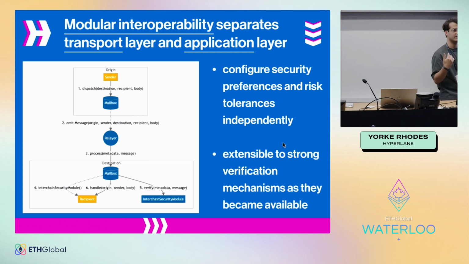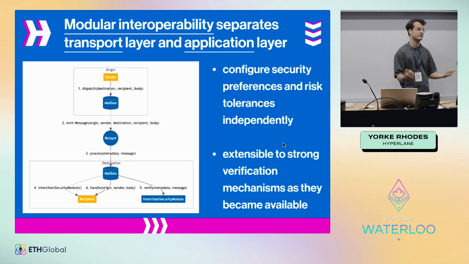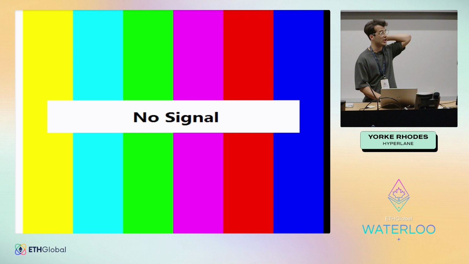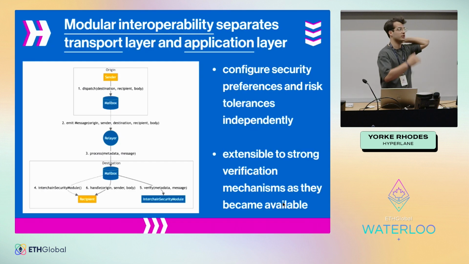It's super easy to run because there's no consensus and the validators are not networked with each other. They're just producing attestations on messages being sent outbound. You just need an RPC connection to a chain. It depends on the chain. We have all the information in our docs if you want to check it out.